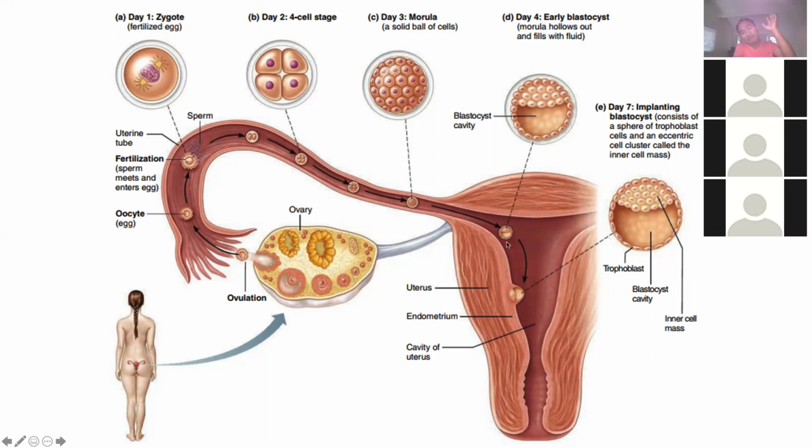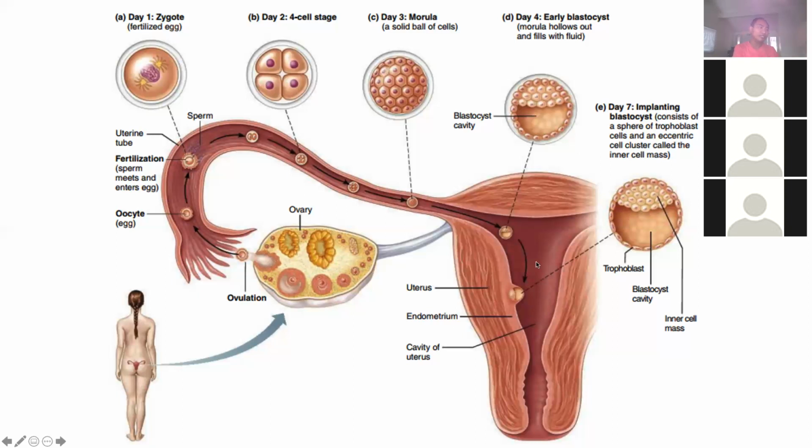Of course, from day 4 to day 7, this little fertilized ovum, which we call the blastocyst, made of the blastocyst cavity and the inner cell mass, is just wandering around in the uterine cavity, trying to make a decision where to go.